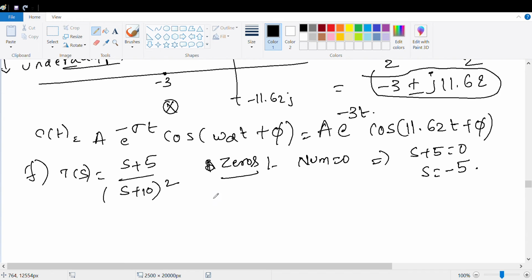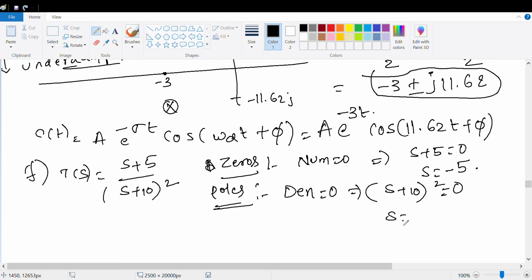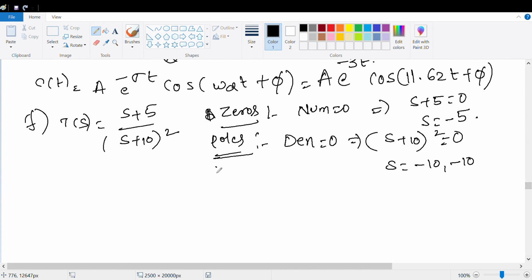And for poles, denominator equals 0. S plus 10 whole square equals 0. Whole square means 2 times. Therefore s equals minus 10, minus 10. So we have to plot on the S plane. This is minus 5, and this is minus 10.